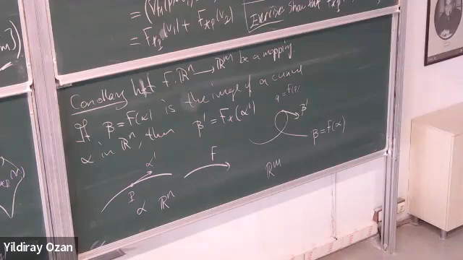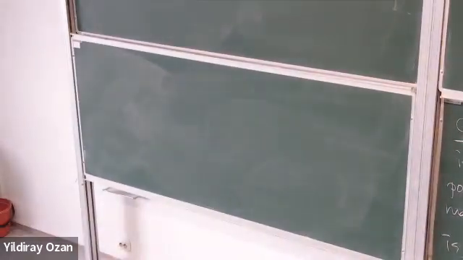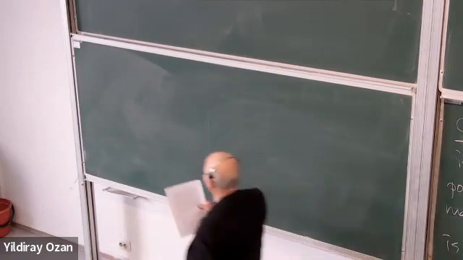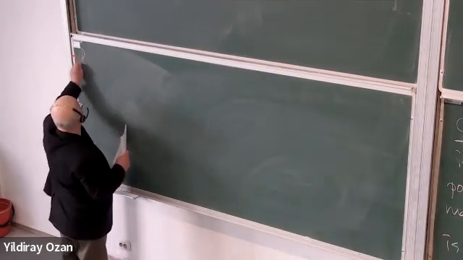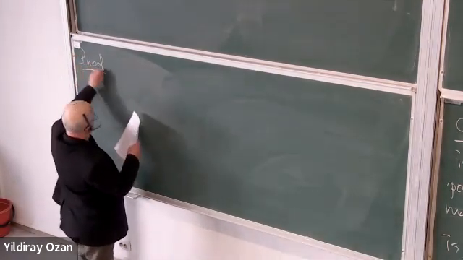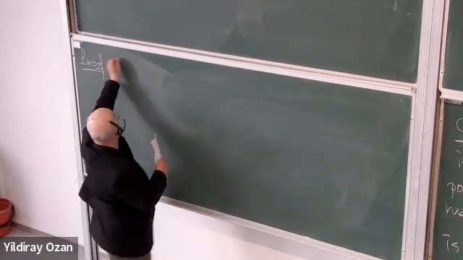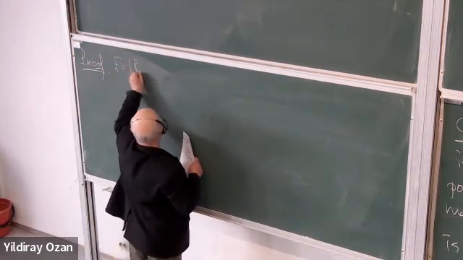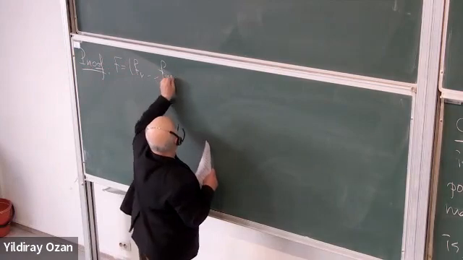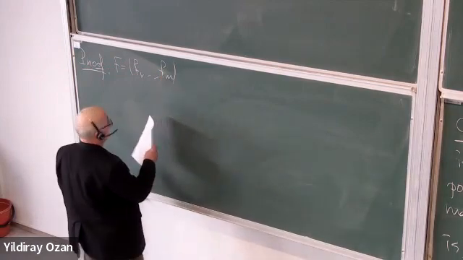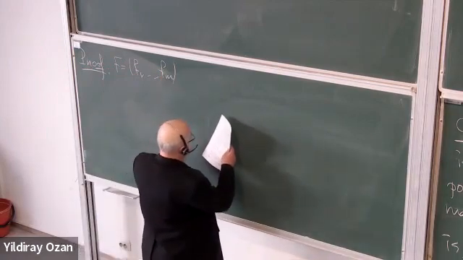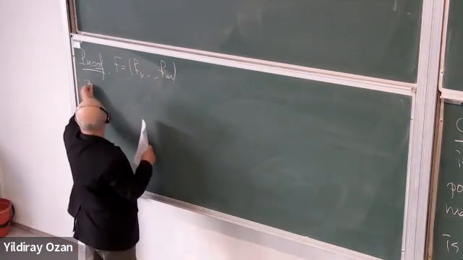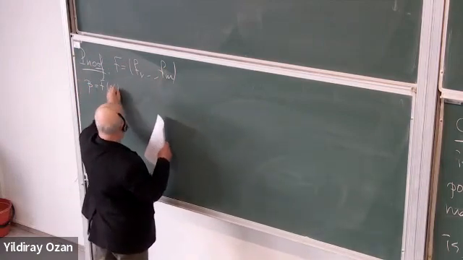Okay, let's see if it works. All right. So, proof of that corollary. Well, f has, let's say, coordinates f1 to fm as usual, and beta is equal to f of alpha.